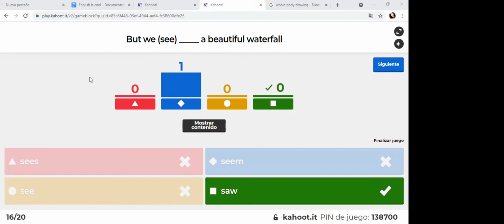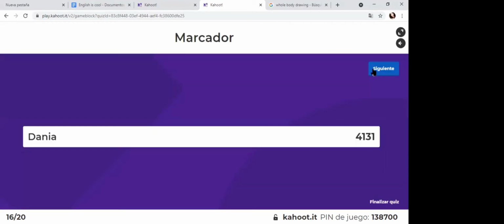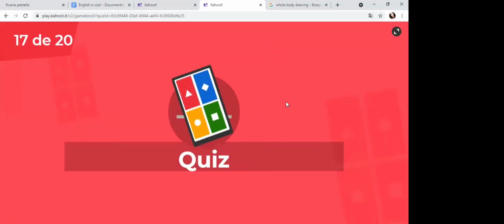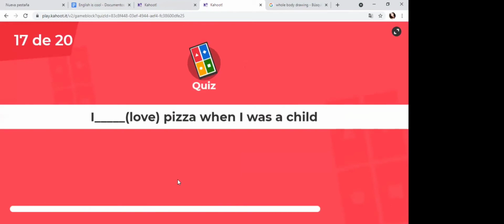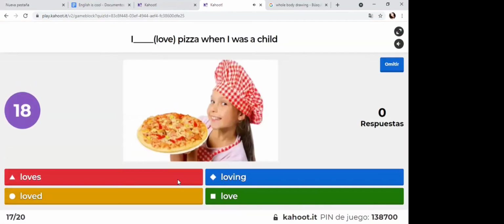Like in this case, we saw a beautiful waterfall. Do you know what is a waterfall? Did you check the picture? Did you see the picture? Manantial. No, not exactly. A waterfall means cascada. Okay, let's continue. This is very easy. You can do it. This is very, very easy.